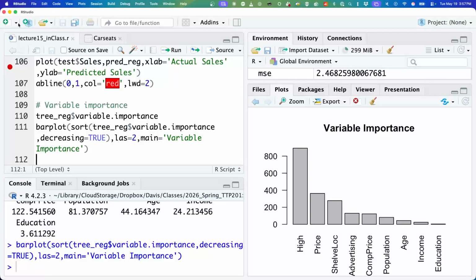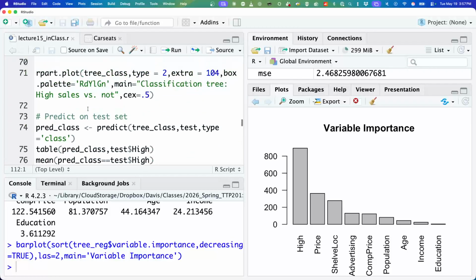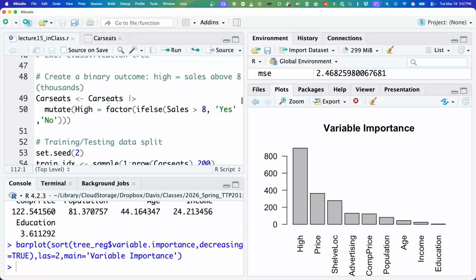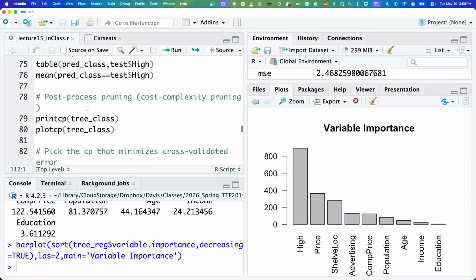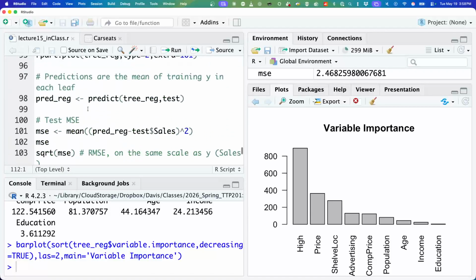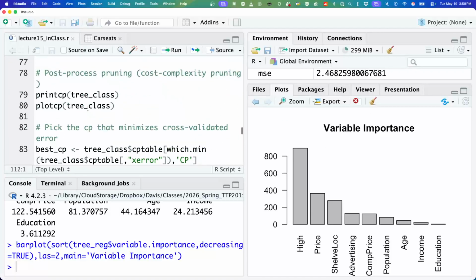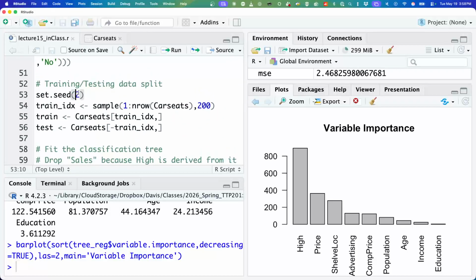So if I were to just change the, actually, in fact, let's do this really quick. So I had set a seed here. Okay, let me just change this.